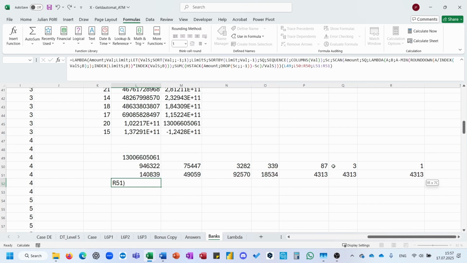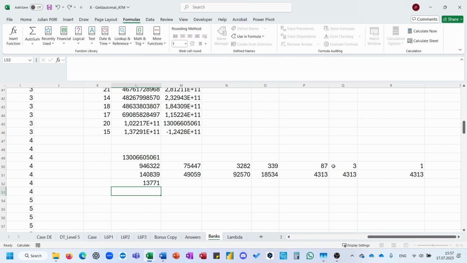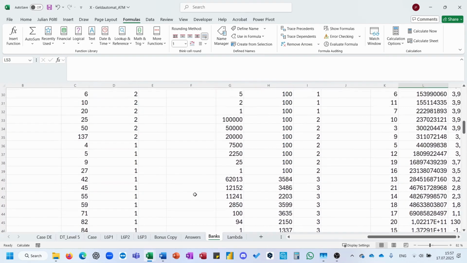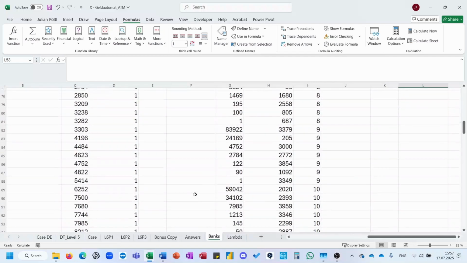And then I get to 13,771 and all the nodes from all the other banks.